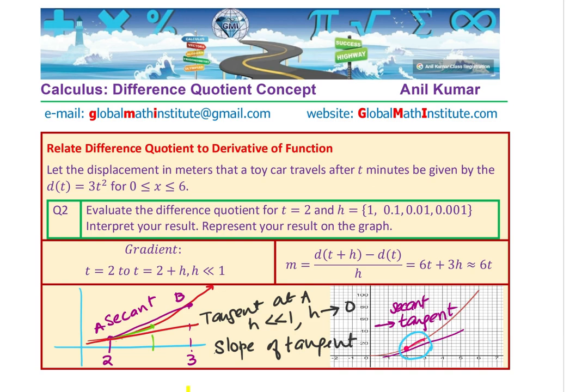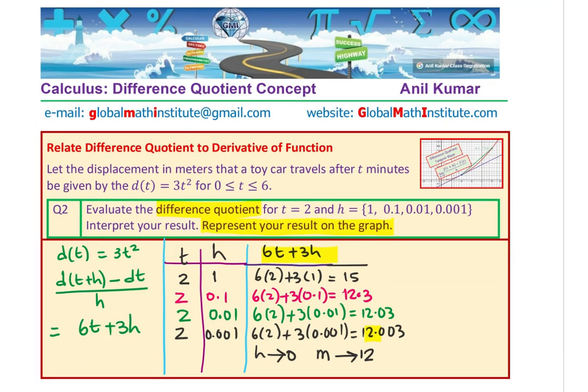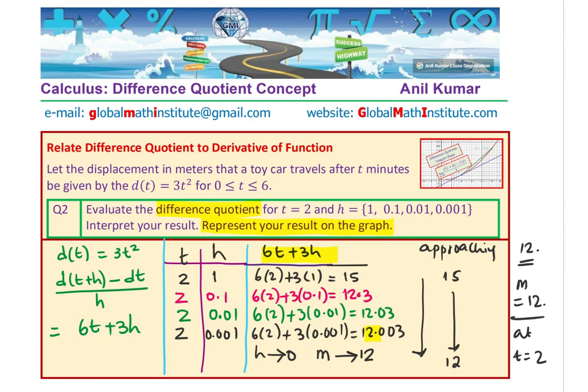And in our case, this is equal to 12, right? Because we approached a value which is 12. Do you see that? So it changes from 15 to 12, right? So we are approaching 12. So m is equal to 12 at t equals 2. Makes sense?